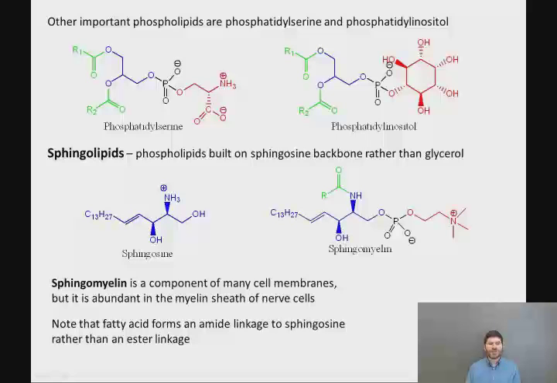And you should be able to see here that the fatty acid actually forms an amide linkage to sphingosine rather than an ester linkage. It could have formed an ester. There is an OH available to it, but for whatever reason, the linkage is an amide linkage. And then the phosphate is in black. And then finally, the piece in red, the alcohol group, is actually a choline, which we've already seen in phosphatidylcholine.